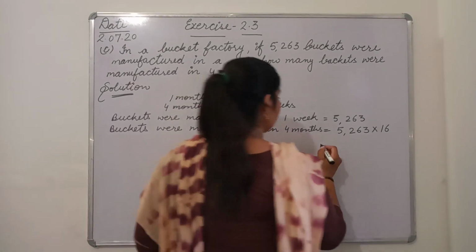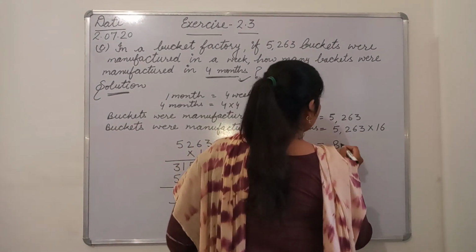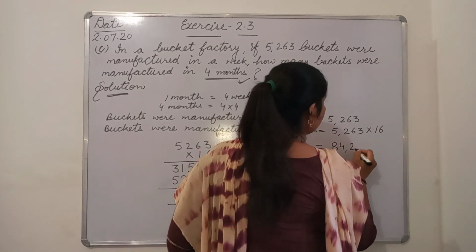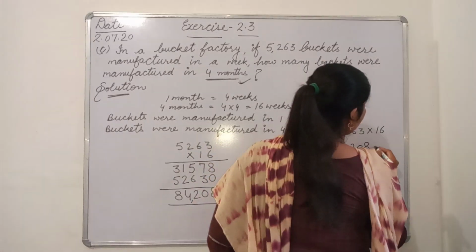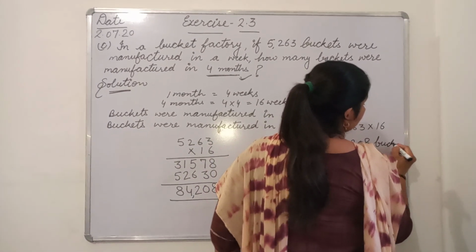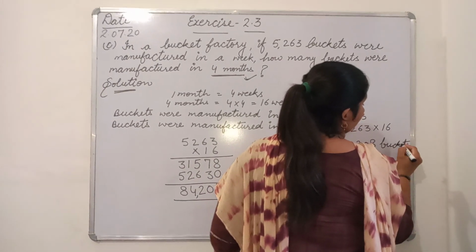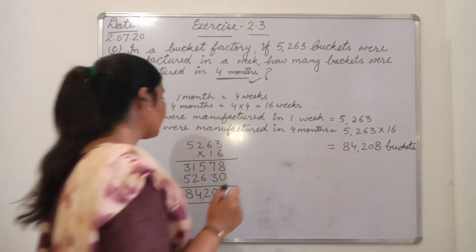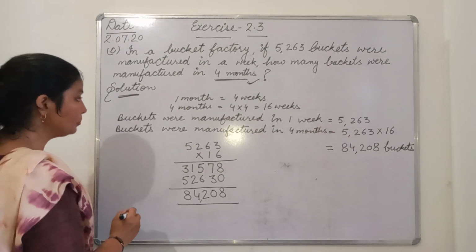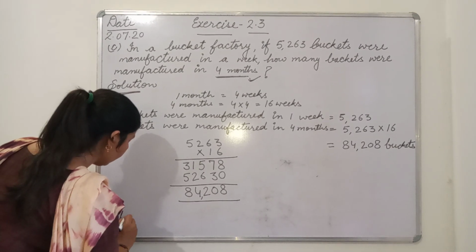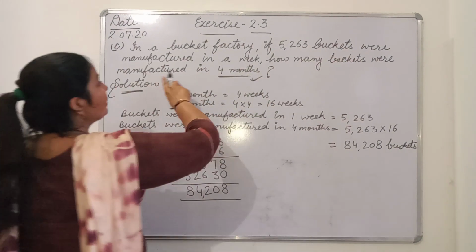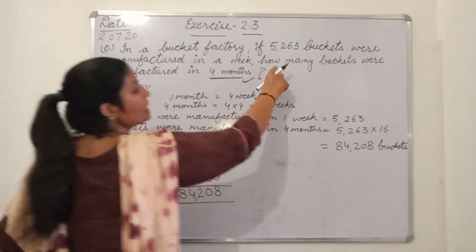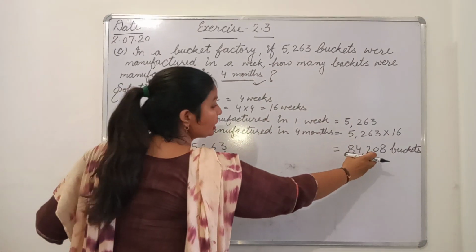So now we write here 84,280 buckets. In the last we can write our statement. Here it is given how many buckets were manufactured in 4 months, so in place of how many we write our answer.